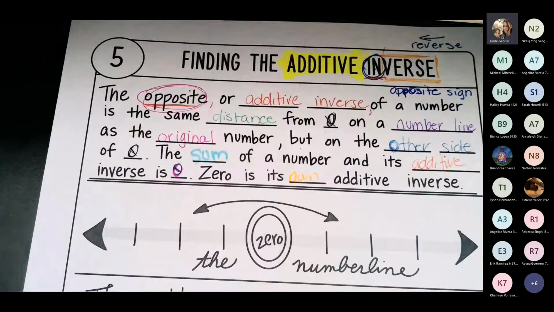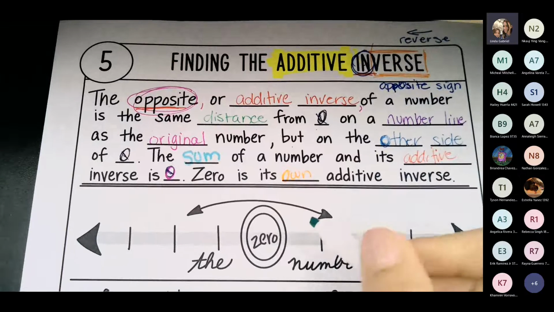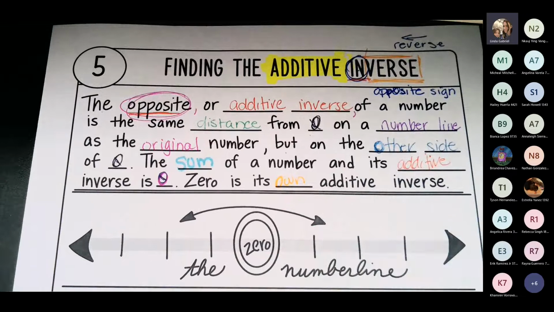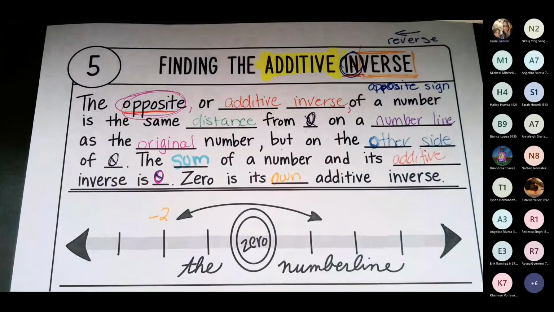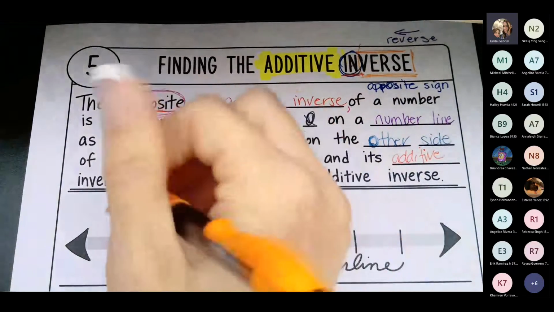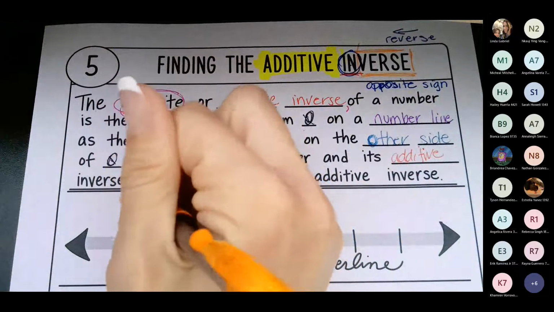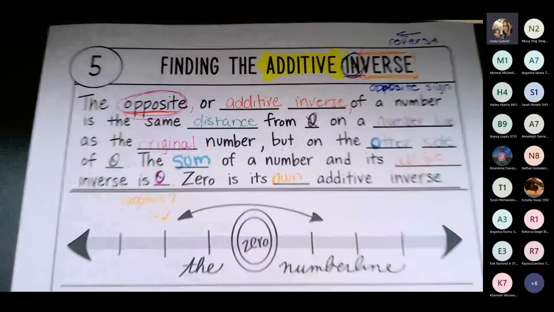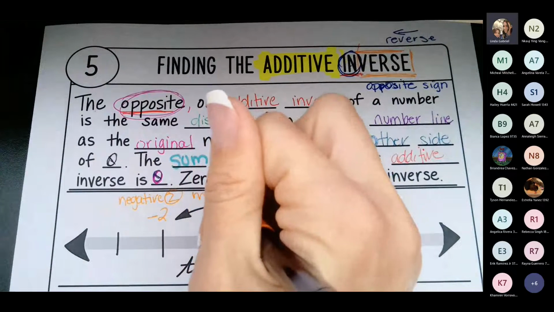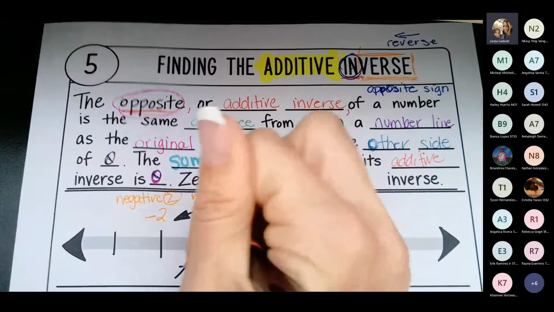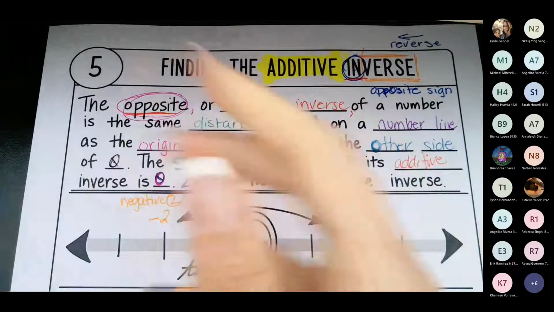I told you guys if I move, let's do 2, 3. All right, so if I have -2, that means I moved 2 to the left.